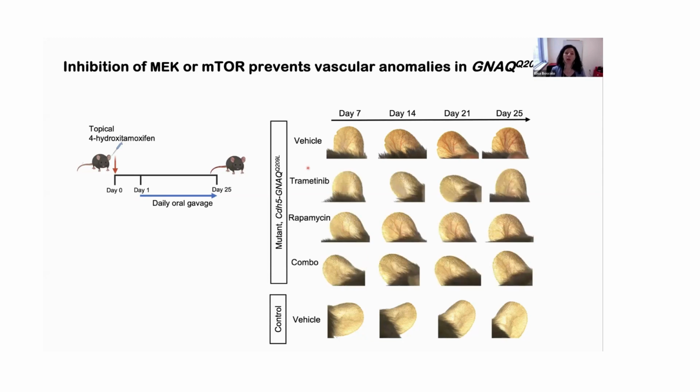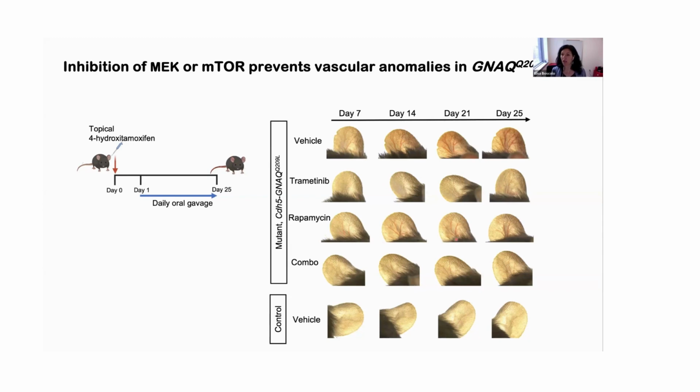And so here I just want to specify that while the tamoxifen is given only in the ear, the trametinib or rapamycin treatment is systemic at this point. We want to repeat it also topically, but for now we just did systemic. And you can see trametinib works pretty efficiently also in this system.